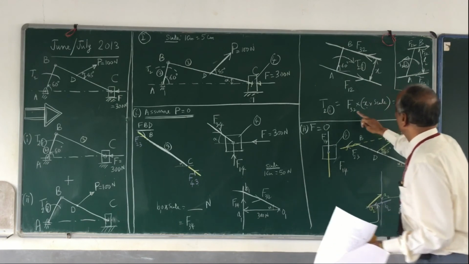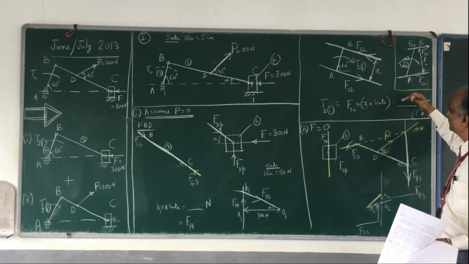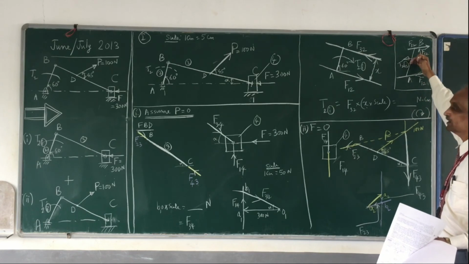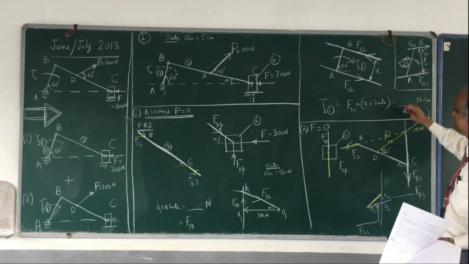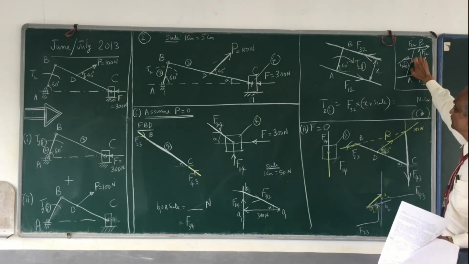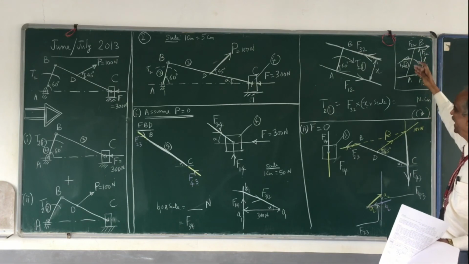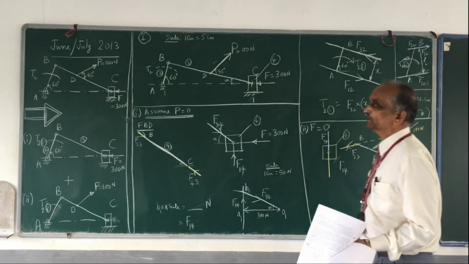And T21 is clockwise. Check which is more, whether this is more or this is more. If this is more, then the resultant is the difference between the two, and clockwise. If this is more, then this minus this, the resultant is anti-clockwise. So you add the two to get what is called T2.